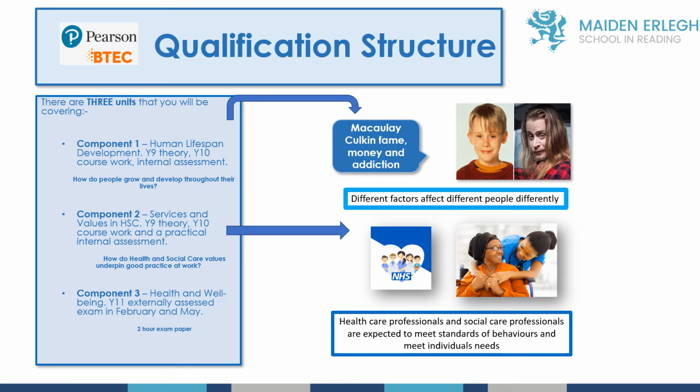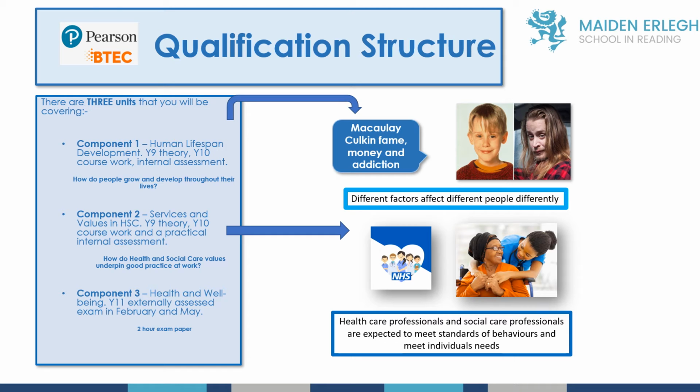And in addition to the actual qualification structure, just so that you know, component 1 and component 2 is worth 30% of your end qualification, and component 3 is worth 40%. So it's a sort of 60-40 split.